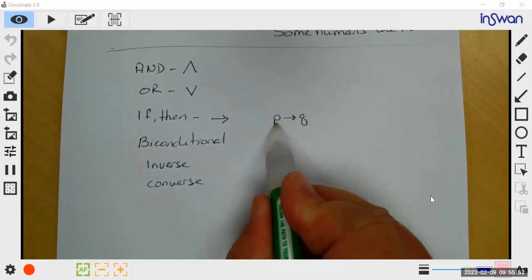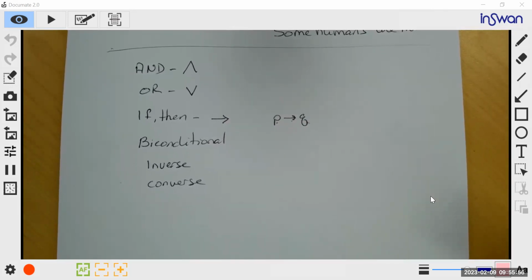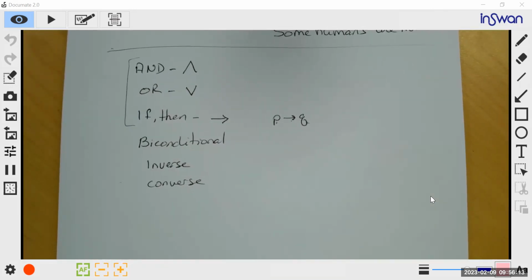Simply, if P, then Q. Don't put any true and false in it just yet. Remember, we did the true and false tables for these last time, and we're going to do a lot more of those today. A lot more true and false tables.